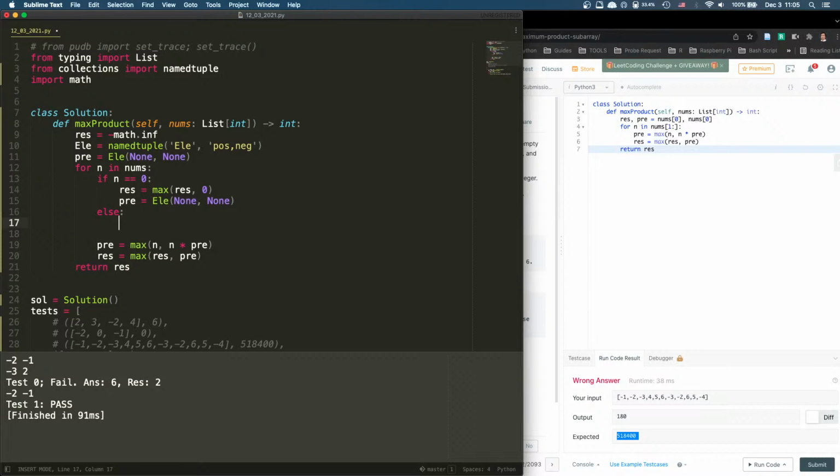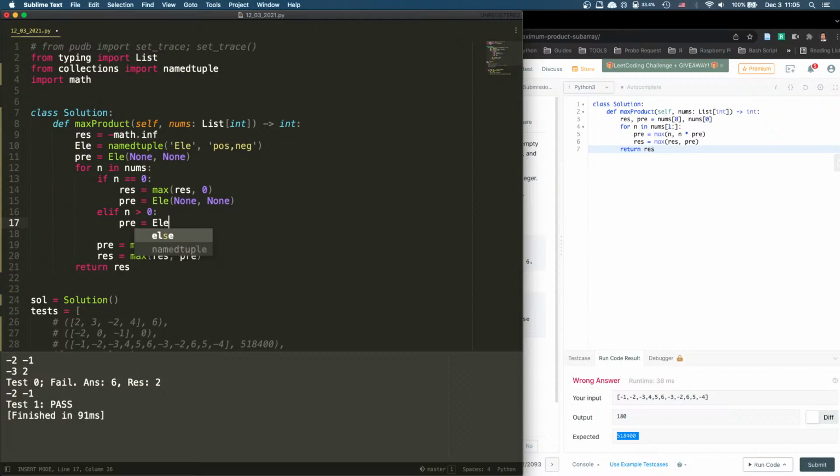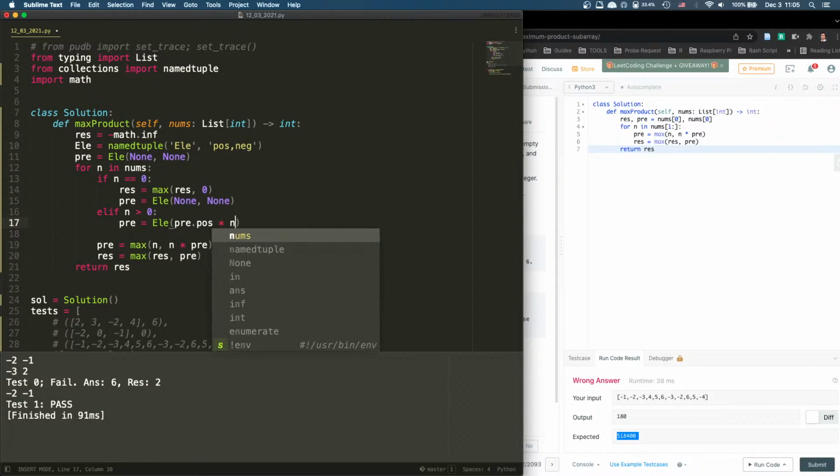And if n is larger than 0, yeah, if n is larger than 0, so n is positive, then we can say pre can equal to element, right? So if I'm positive, then I look for pre-positive. So we say pre dot positive times n, right?